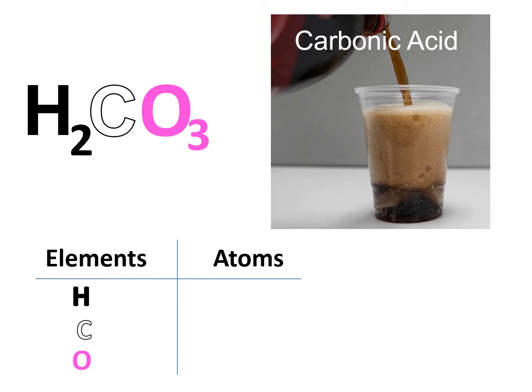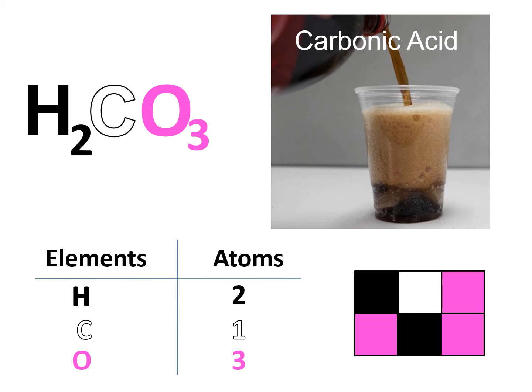We know that by looking at those capital letters. How many atoms of each element do we have? Well, we're going to look at the numbers again. We've got 2 atoms of hydrogen, 1 atom of carbon, and 3 atoms of oxygen. So we know that, again, by looking at the numbers. There is what carbonic acid looks like.